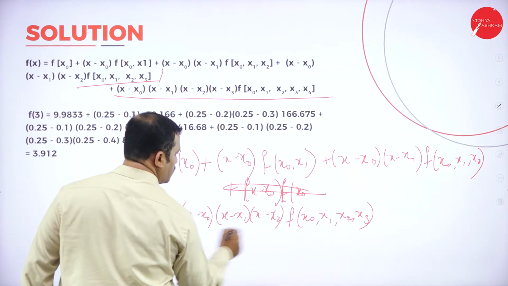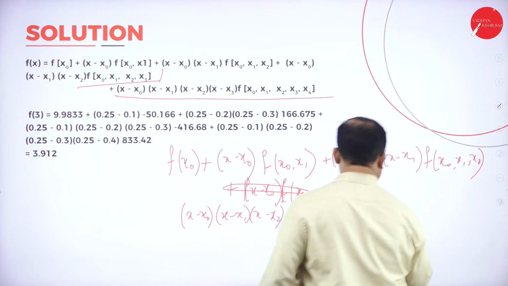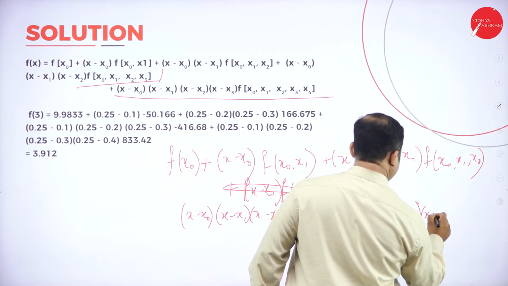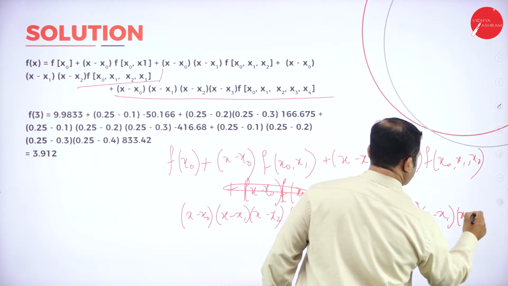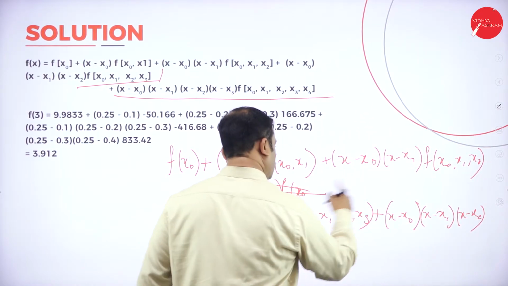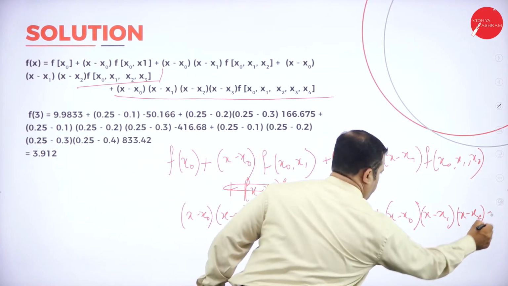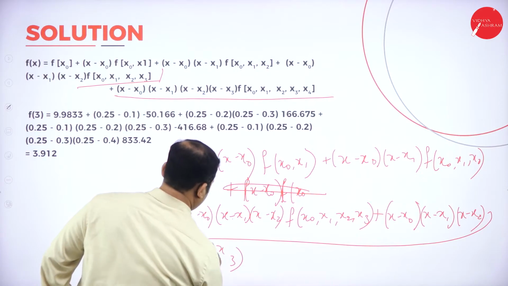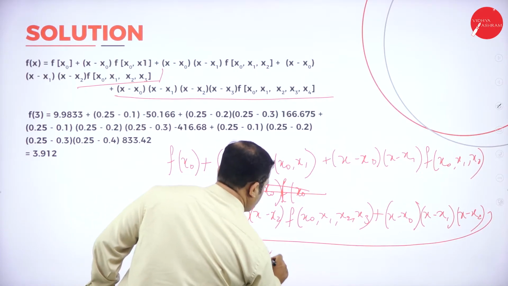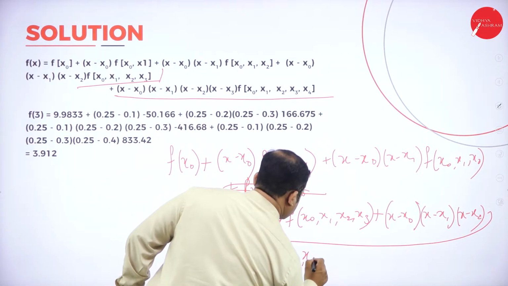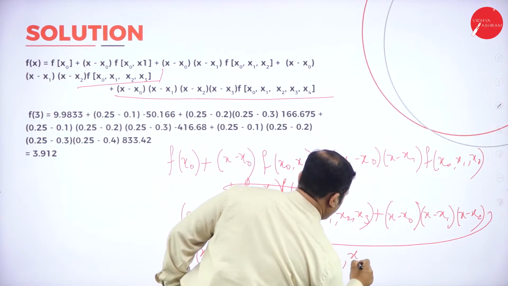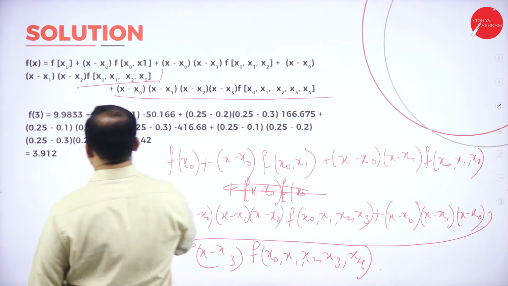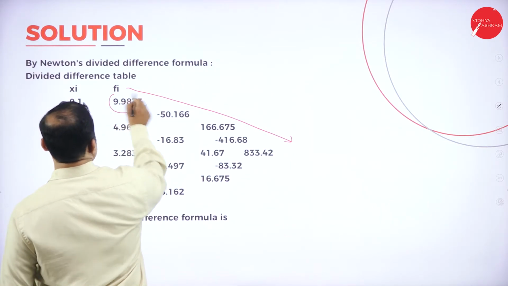Plus we have x minus x0 into x minus x1 into x minus x2 into x minus x3 into f of x0, x1, x2, x3, x4. All these are the terms going to be used now. What is f of x0? See here. What is f of x0?